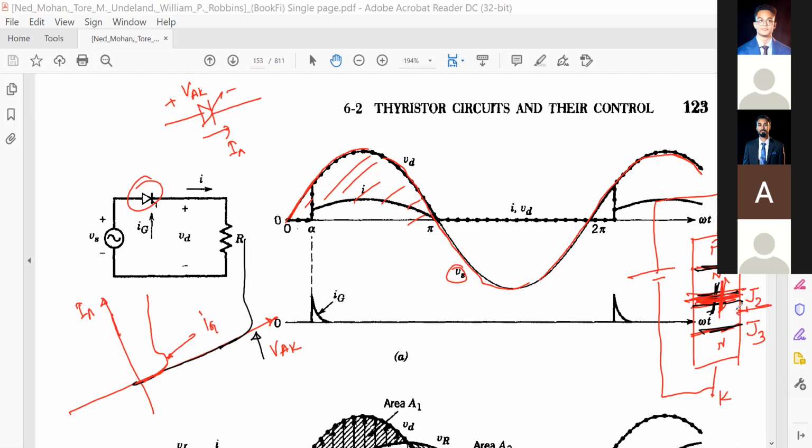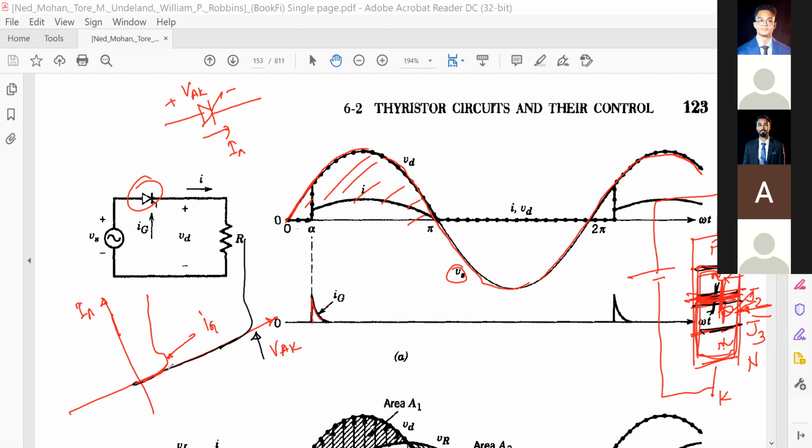Actually, this is P and N, but they will supply a lot of electrons. Eventually, all these three layers, 1, 2, 3, will become PN, and this will be N. So we have the PN junction characteristics, like the diode characteristics, if we apply a gate pulse like this.